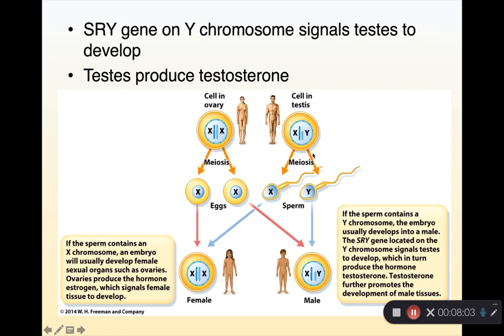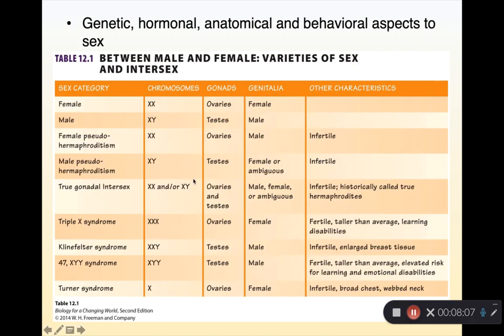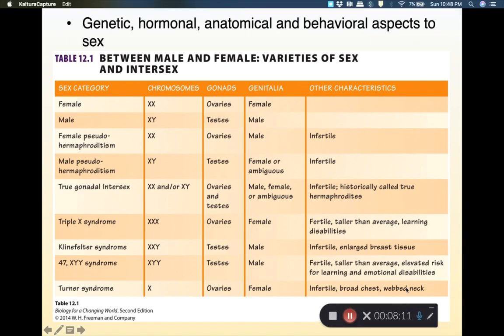And then the testes produce testosterone. However, as we've talked about previously and looked at briefly in our other videos and lecture materials, there are a lot of varieties that can happen in terms of sex and intersex individuals. This is a good overview looking at the different variations that occur.